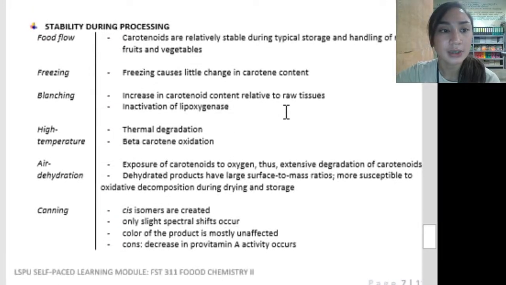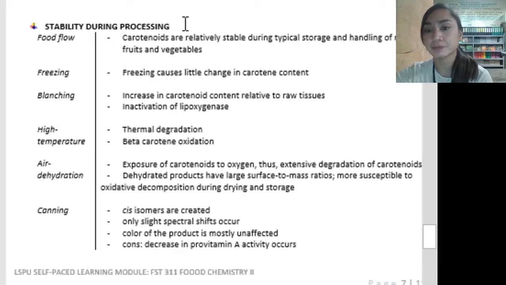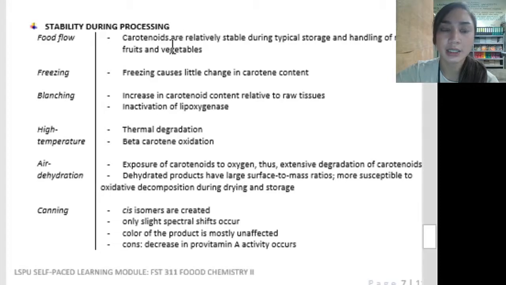Okay, so now we have stability during processing ng food. So, when we say food processing, no, ito yung lahat na ng mga ginagawa natin sa post-process. So, from the food flow, ang carotenoids natin are relatively stable during typical storage and handling of most fruits and vegetables. During freezing, there may be a little change.